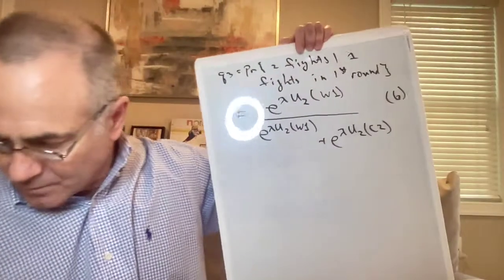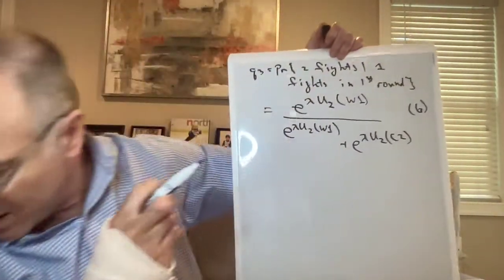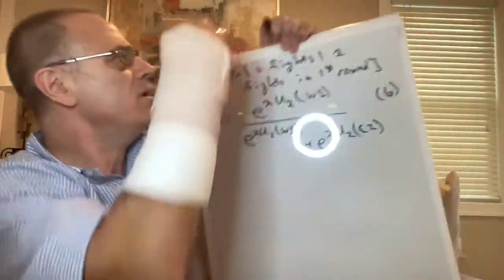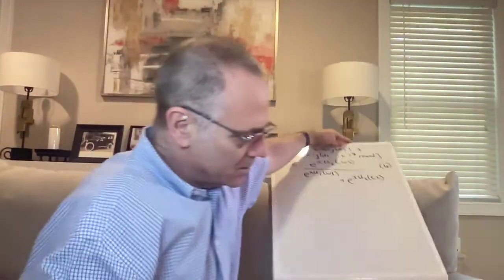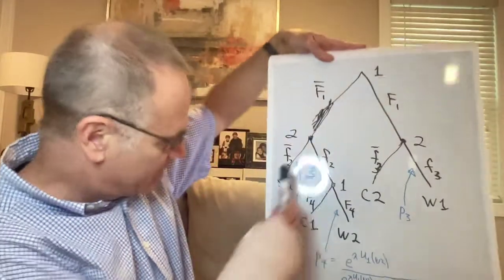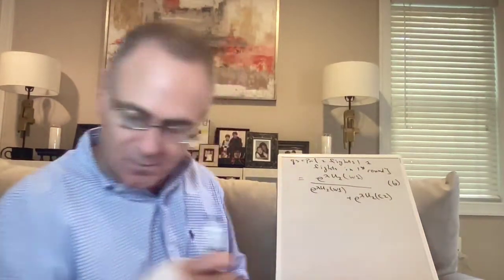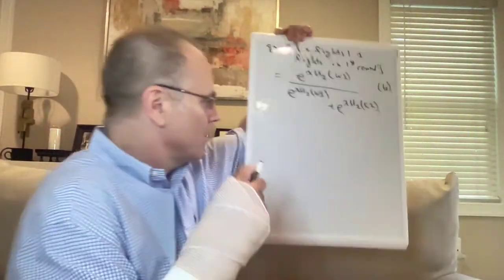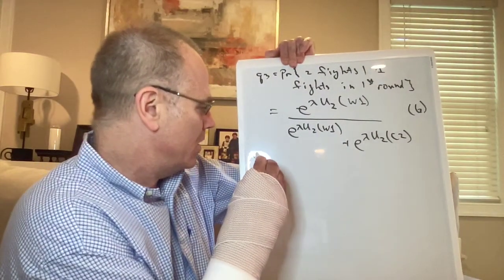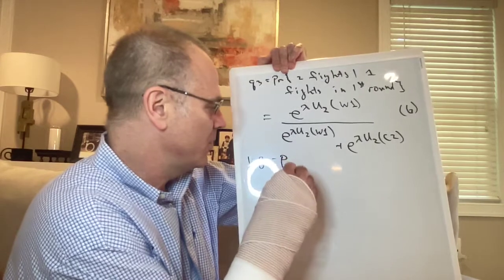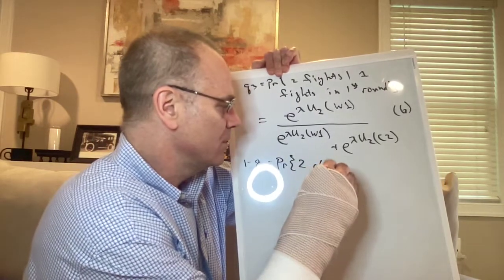So here's what that equals. Let me write that on one more board. So we're going to have 1 minus Q2. 1 minus Q2 equals the probability 2 chooses, what did I say?